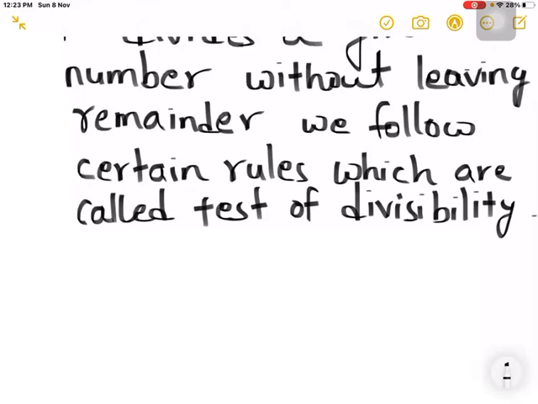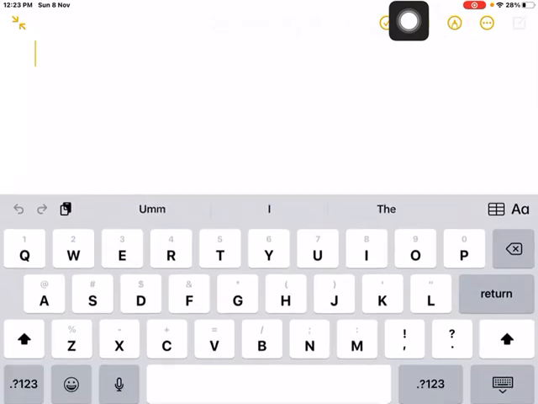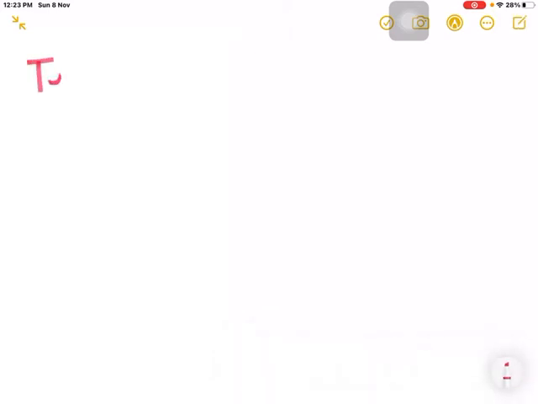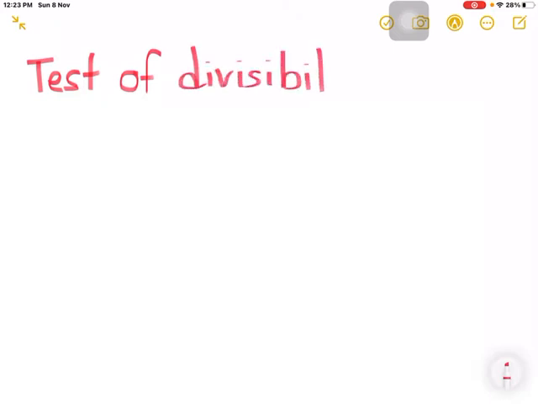First of all we will go for the test of divisibility by 2. To check whether the number is divisible by 2 or not, whether 2 divides the number without leaving remainder or not, we have certain rules.